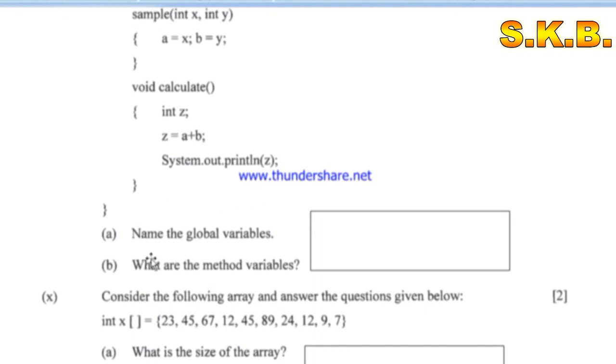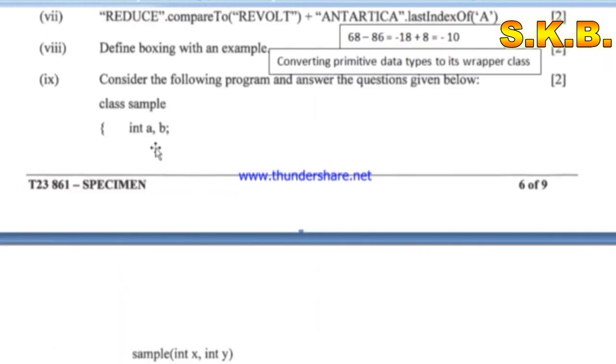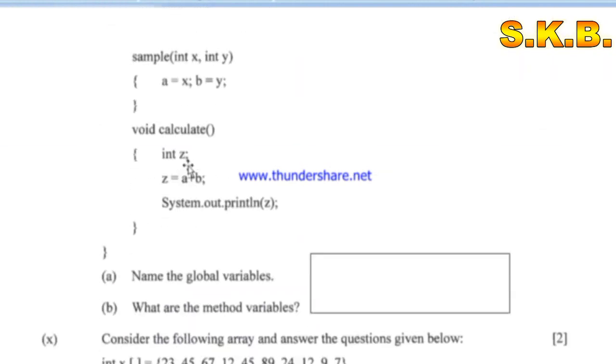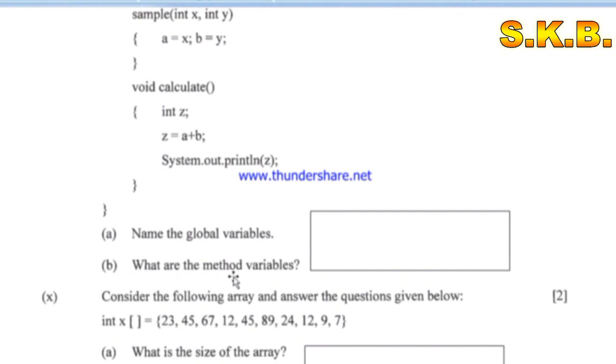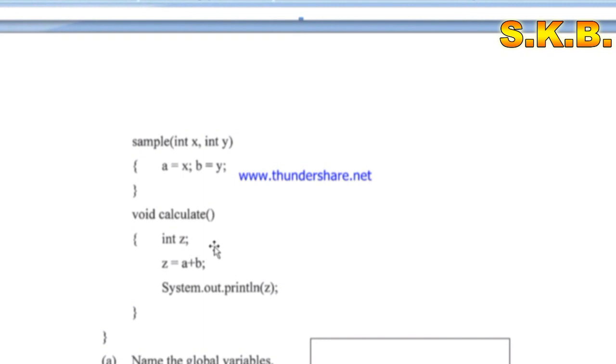Two questions have been asked here, name the global variables. According to this syntax, a and b are the global variables. And what are the method variables? Within the methods, those variables have been used. Sample is the parameter constructor, and x and y are used by the methods to find out the result.